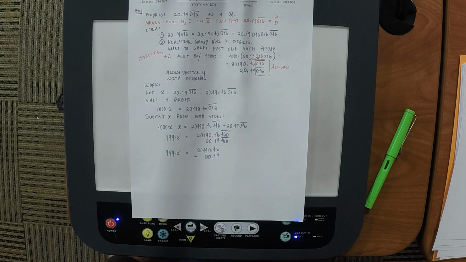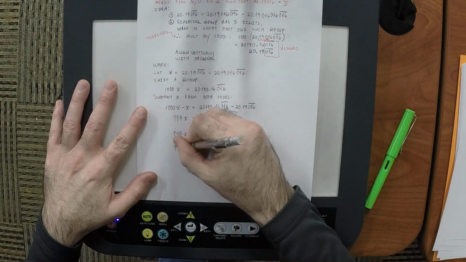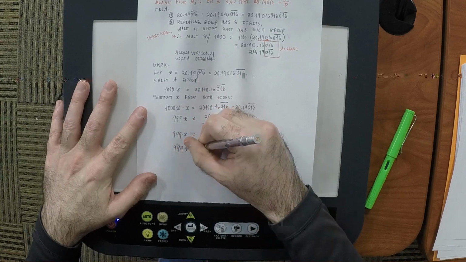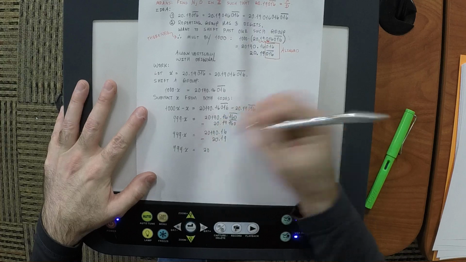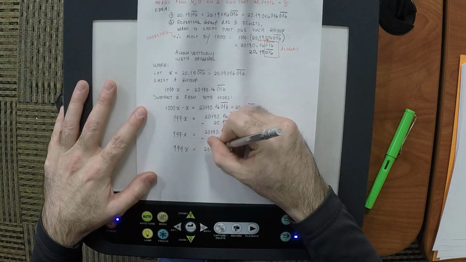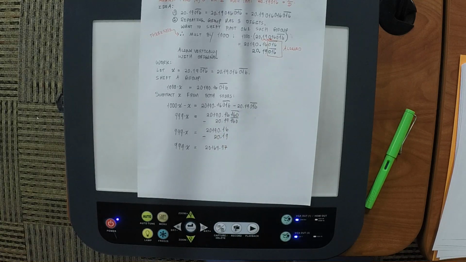And now this is a subtraction you learned how to do, like in 4th grade in Miss Harris's class, right? So you can do this. Okay, so now 999x is equal to, performing that subtraction, 20169.97. That's just typical subtraction there.